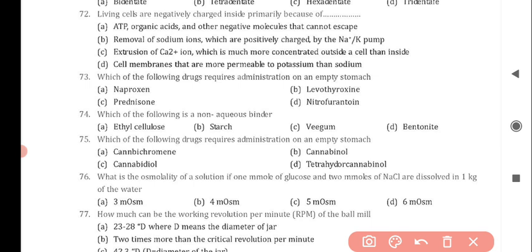Next question is: living cells are negatively charged inside primarily because of, and the correct answer is option A, that is ATP, organic acids, and other negative molecules that cannot escape.